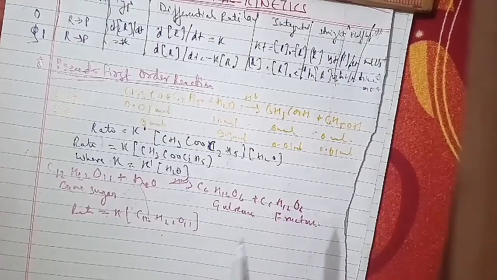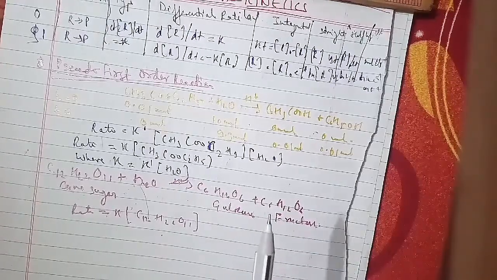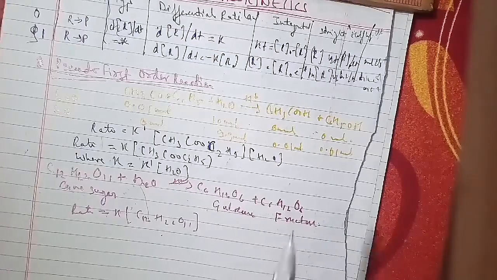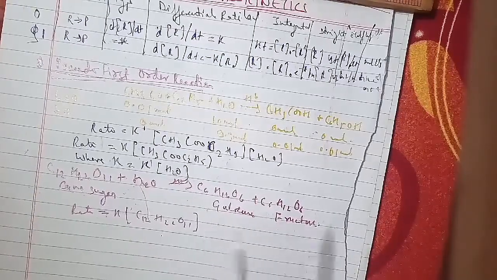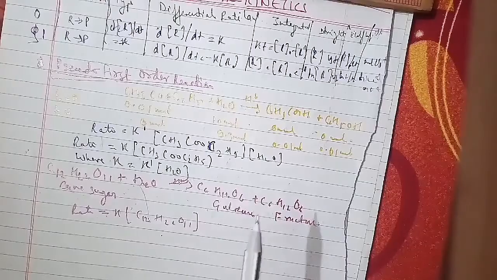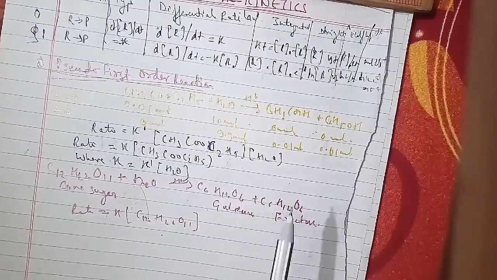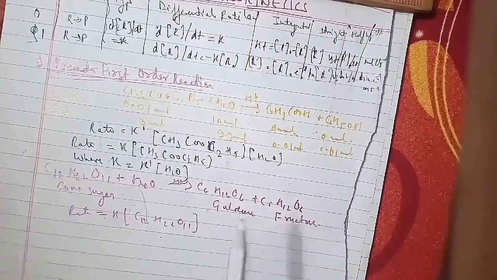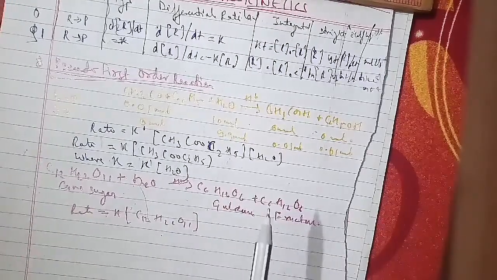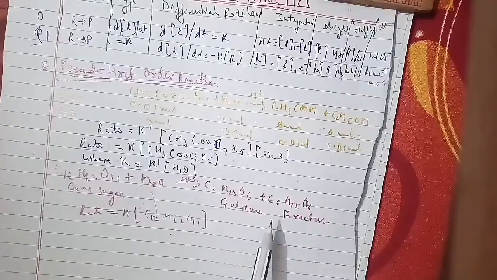You have to show that it follows a pseudo first order reaction, as the concentration of water remains nearly constant, 55 mole liter inverse, during the course of the reaction. What is the value of K dash in the rate equation, rate equals K dash CH3COOCH3 H2O, that you have to find out.